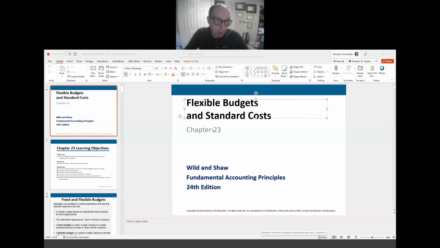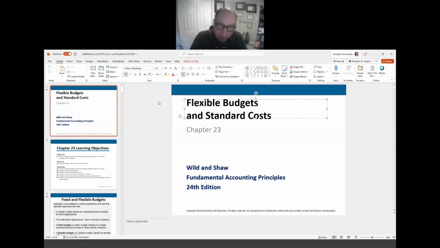Today, we're going to talk about how these budgets can be flexible, and we'll talk about how we compare that budget to what we call the standard costs. When we talk about standard costs, I want you to think of standard costs as being the cost it normally is. Standard, right?